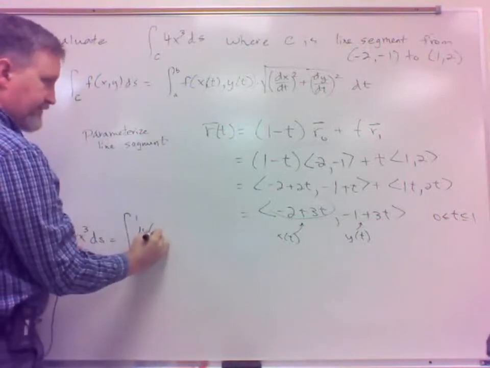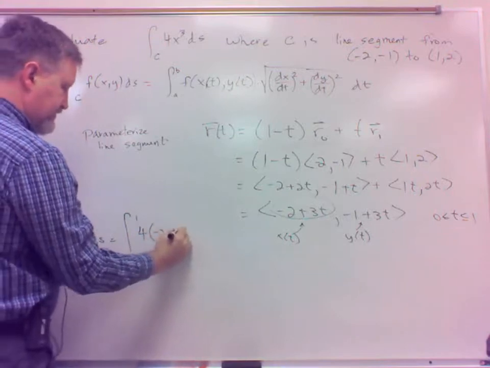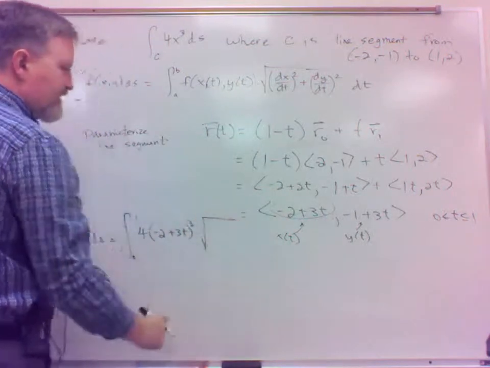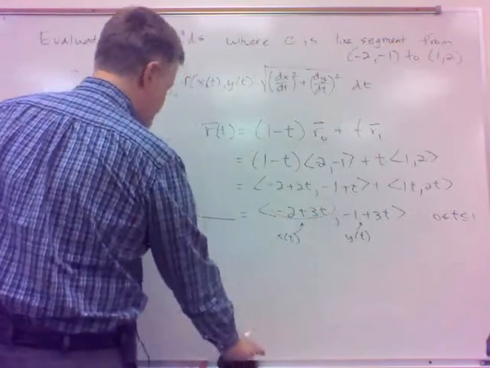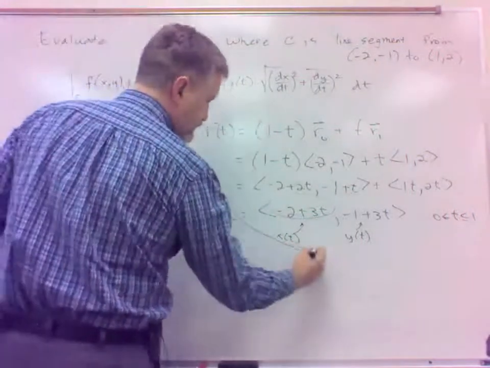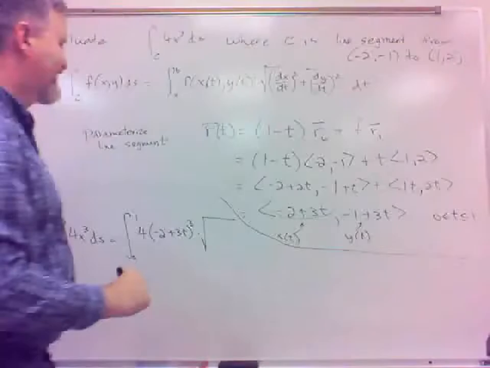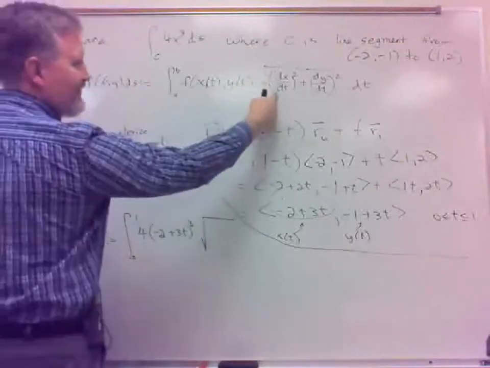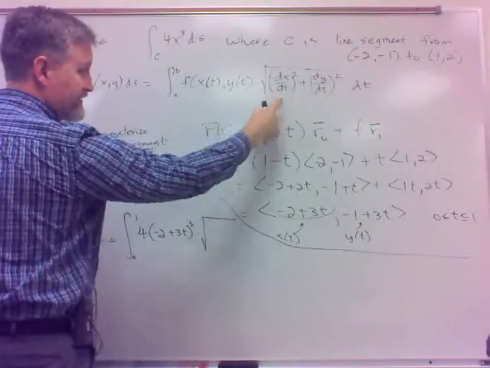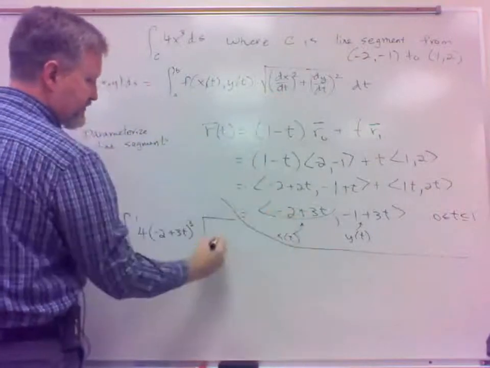So negative 2 plus 3t cubed, times the square root of the derivatives. We need the derivative of x with respect to t, so that would just be 3, and square that.